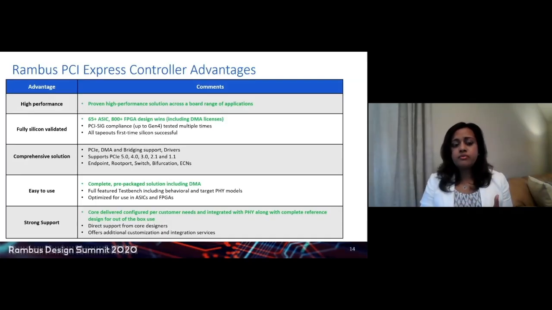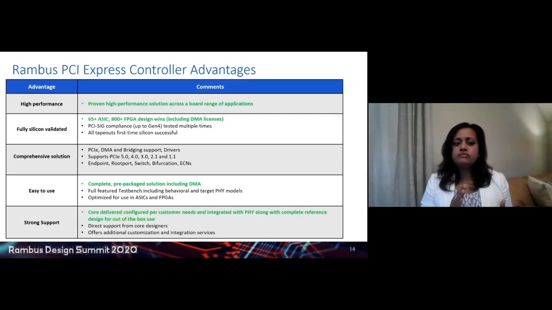We provide a comprehensive solution where we not only provide the PCIe base cores, but we provide scatter-gather based DMA engines and bridging support along with drivers. We support all of the flavors of PCI Express from Gen 5 to Gen 1.